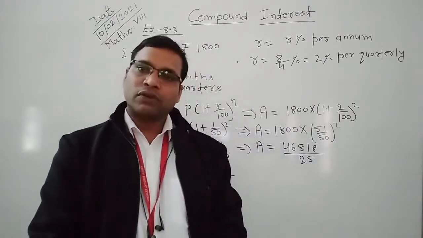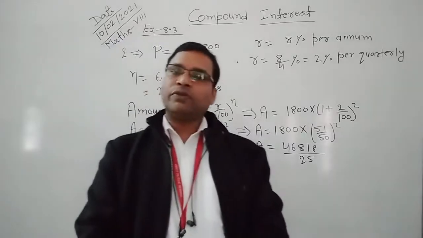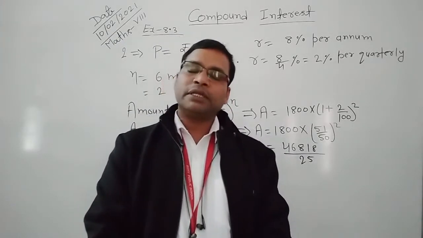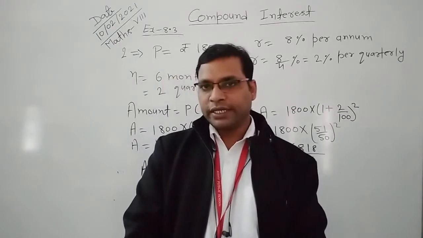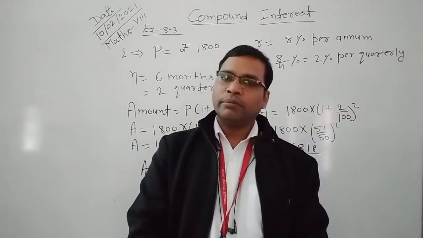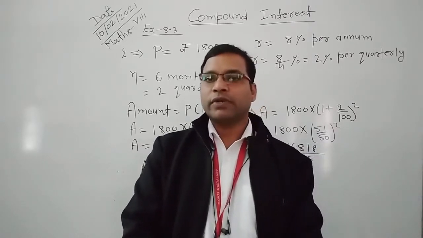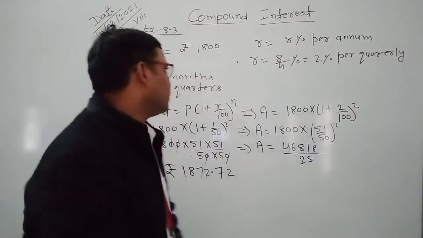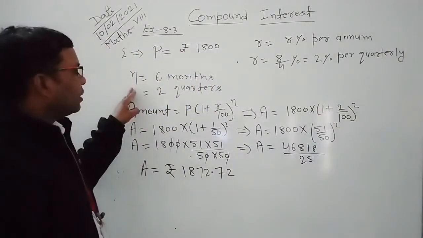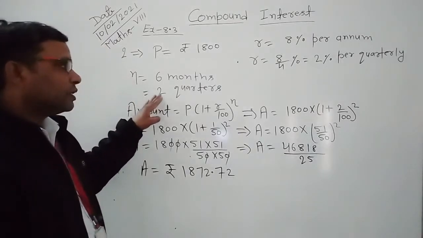compounded quarterly. So student, in this question, first we find that the principal is equal to 1,800 and the time is equal to 6 months. But you know very well, in 6 months how many quarters? Obviously you can say 2. So here we write n is equal to 2 quarters because n represents time.